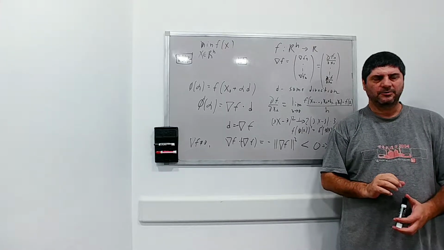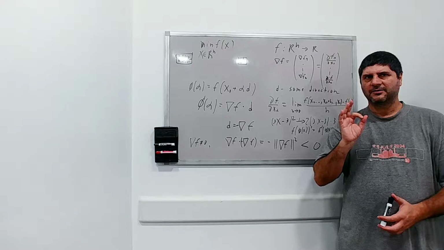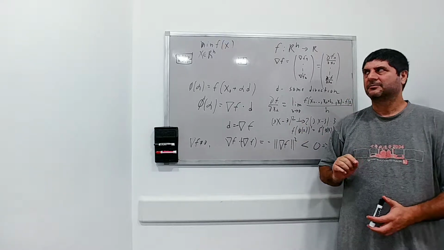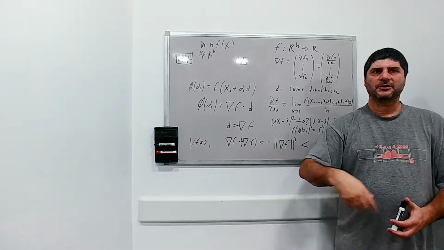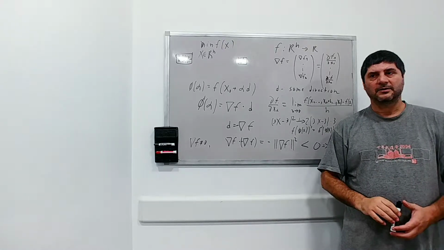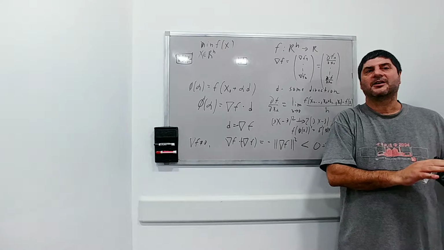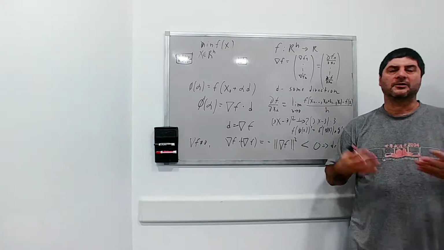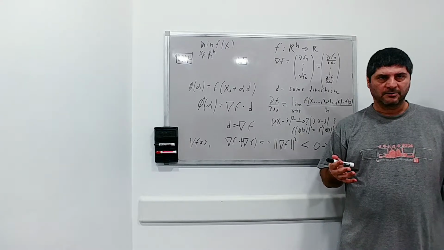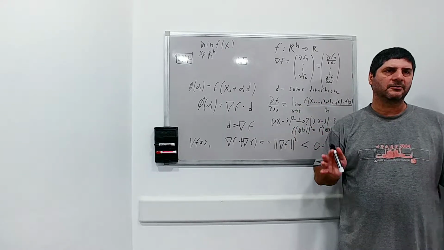But what we're trying to do is find the direction in which the function is going down, so that we can create an algorithm that will get us to at least a local minimum. Maybe not the global minimum, but a local minimum.